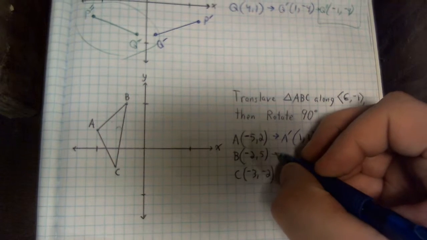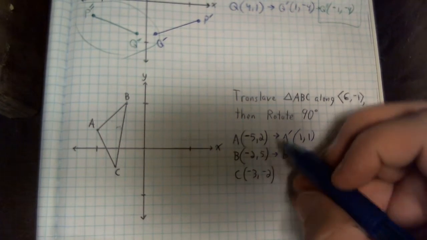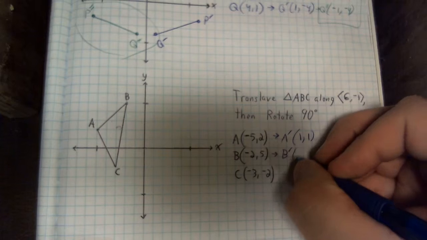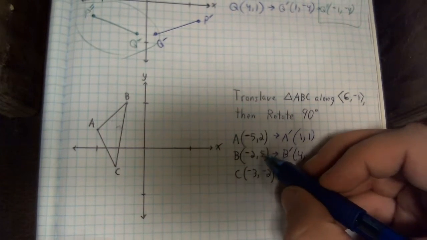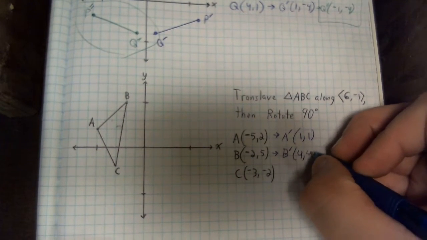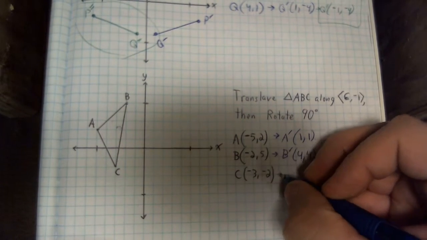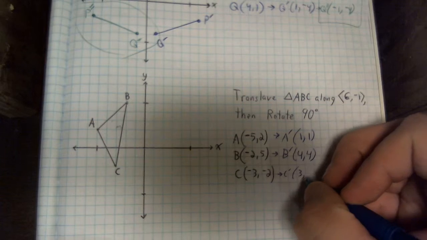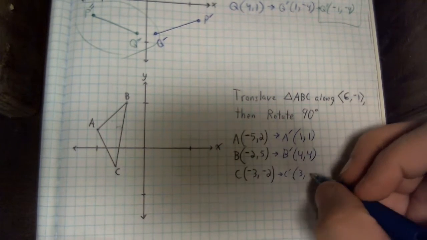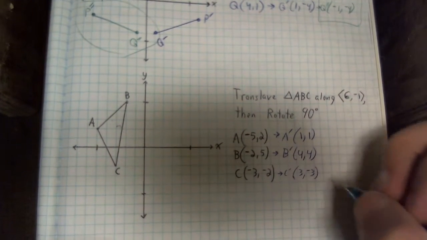For B prime, -2 plus 6 gives us 4. 5 minus 1 gives us 4. And for C prime, negative 3 plus 6 is going to give us positive 3. Negative 2 minus 1 is going to give us negative 3.